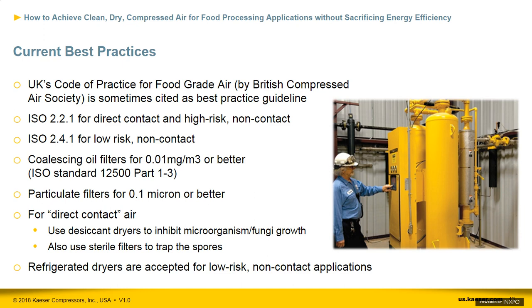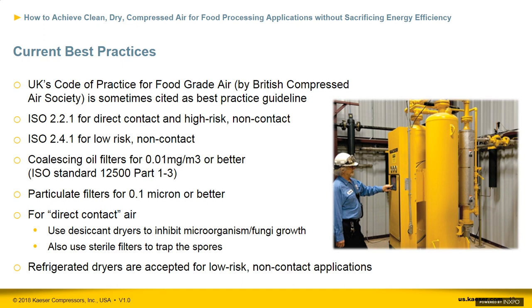ISO 2.4.1 works for low-risk non-contact air. The basic difference is that 2.2.1 needs a desiccant dryer and may also need a sterile filter for direct contact applications. Though the constant here is that both need equal particulate and coalescing oil removal.